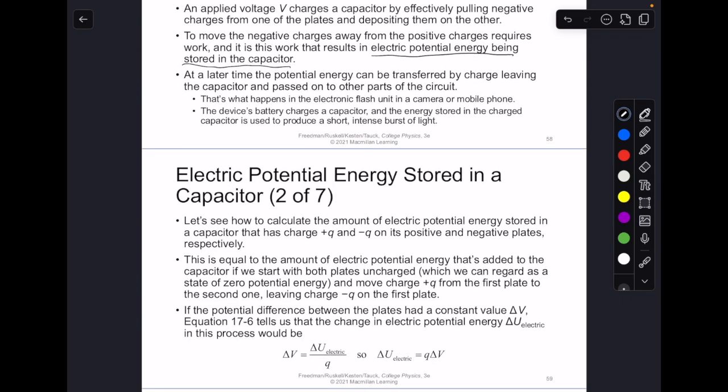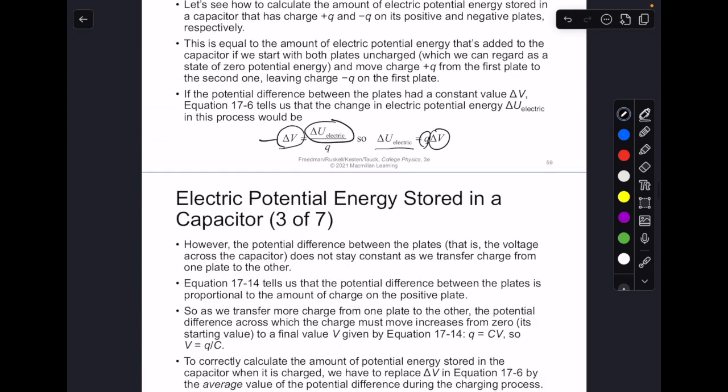So we can figure out how much energy is stored in the plates because we know the relationship between potential and potential energy. And we developed an equation for the change in potential in the previous section. To find the change in potential energy, all we need to do is multiply by Q. Q times delta V will give us that energy change.